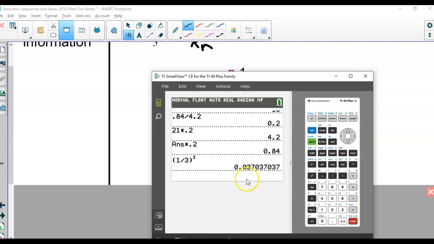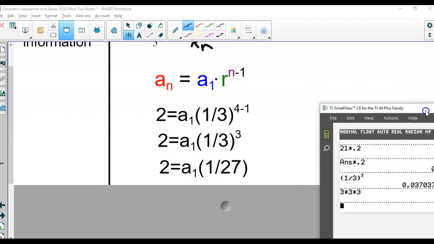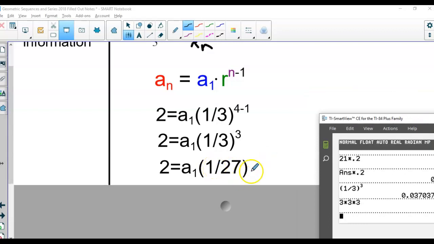That would give you a decimal, unfortunately. Otherwise, I would suggest doing 3 times 3 times 3, which is my denominator, which is 27, and 1 times 1 times 1, which is my numerator, so 1 over 27.